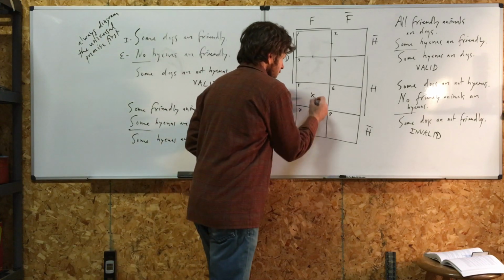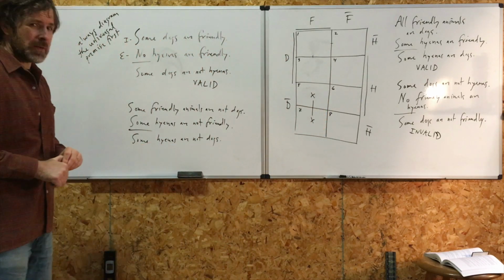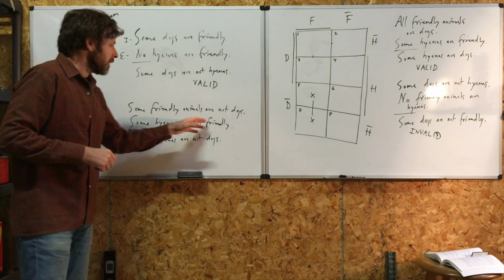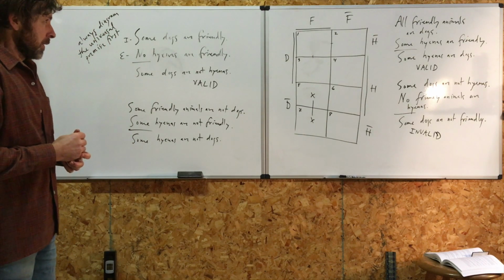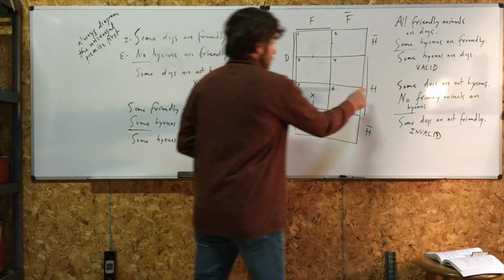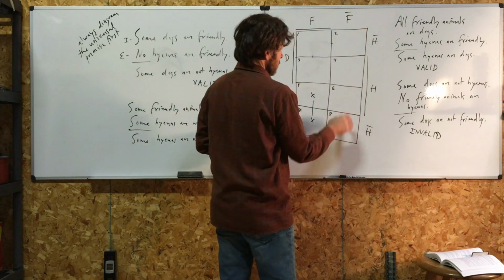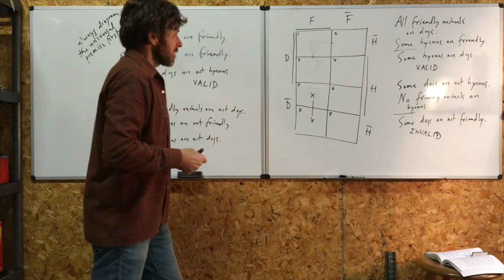So you're going to put an X here, and a line between the two. Does that follow? Like that. Some hyenas are not friendly. Okay? Hyenas, 1, 3, 4, 5, and 6, and the non-friendly animals live in 2, 4, 6, and 8. So there's at least one hyena that's not friendly.